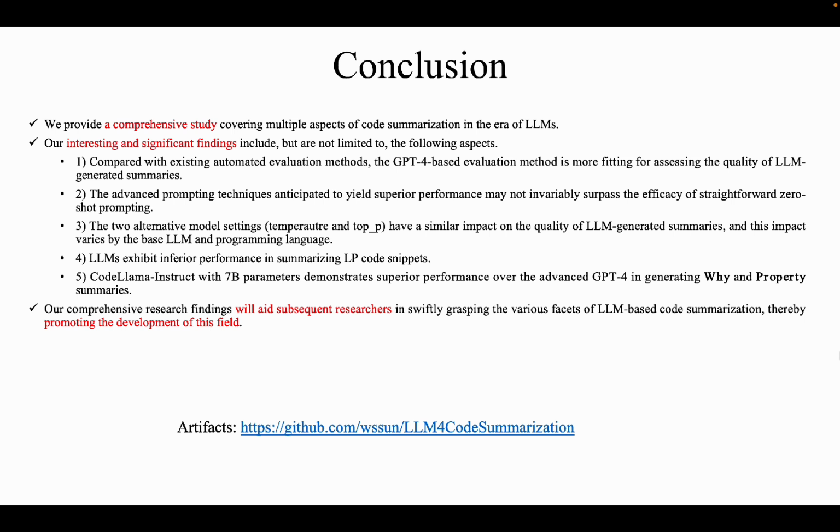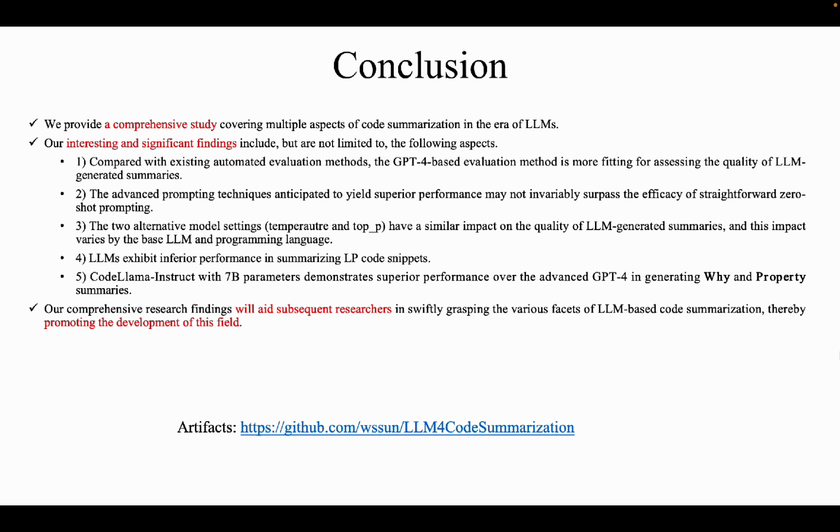So in conclusion, we provide a comprehensive study covering multiple aspects of code summarization in the era of large language models. Our interesting and significant findings are as follows. First, compared with existing automatic evaluation methods, the GPT-4-based evaluation method is more fitting for assessing the quality of large language model-generated summaries.